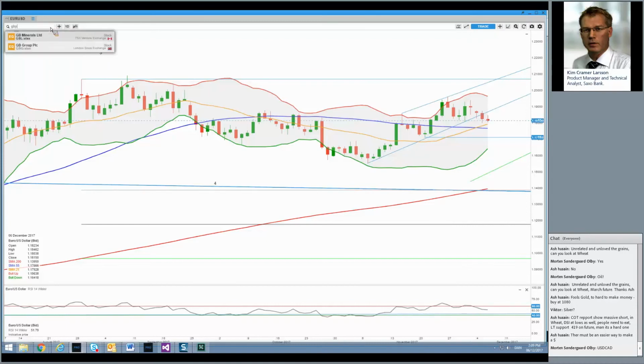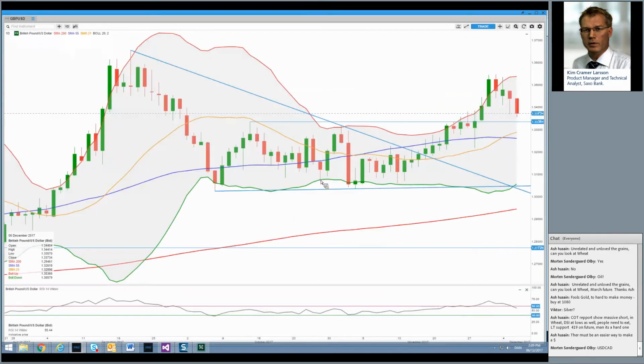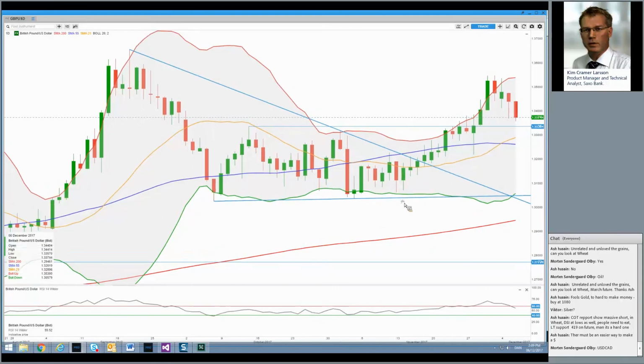Let's have a look at cable. Especially when we are talking Brexit, it is of course interesting. It broke out of what looks like a descending triangle, as you can see here.